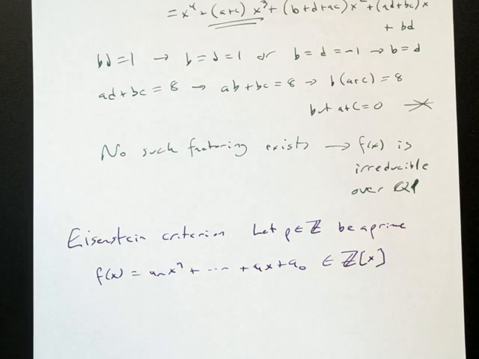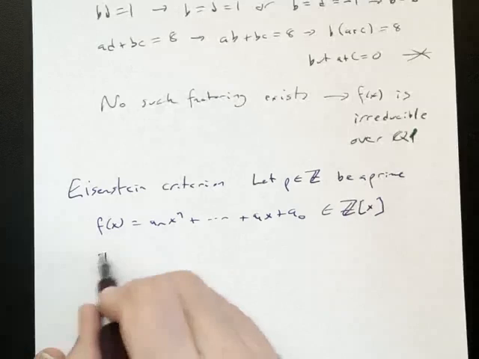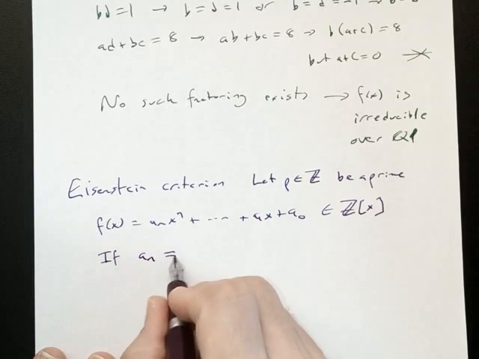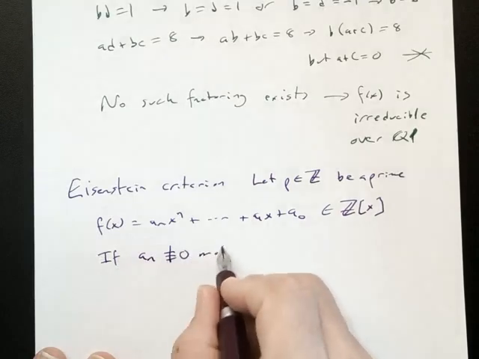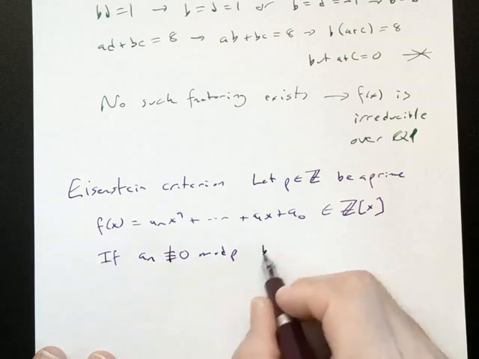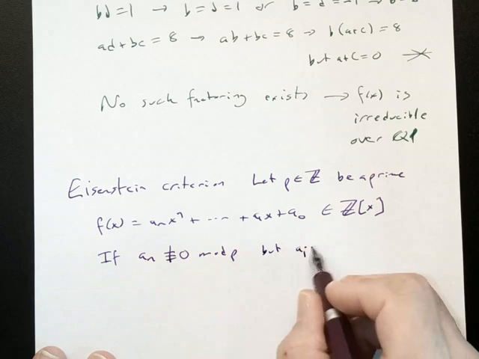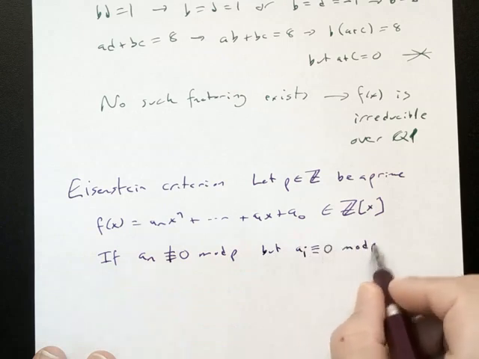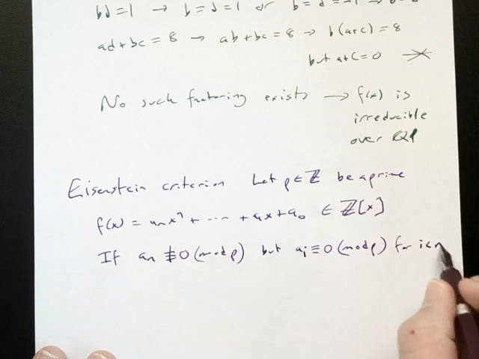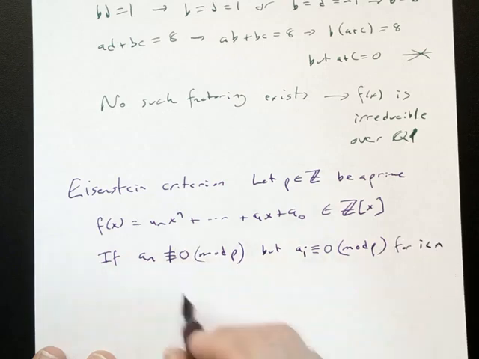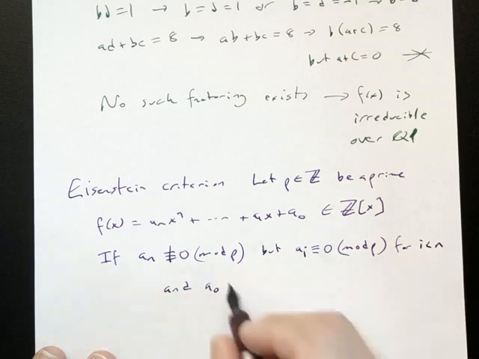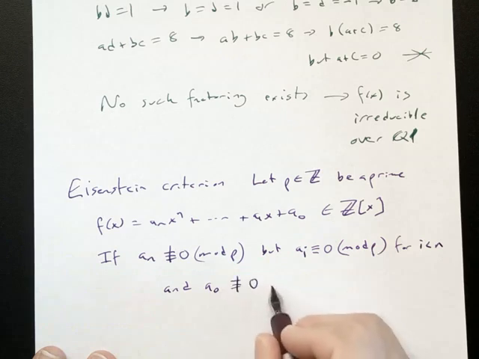If a n is not congruent to 0 mod p, but all the rest are congruent to 0 mod p, and the very last one, a0, has to be 0 mod p, but it has to be not 0 mod p squared.